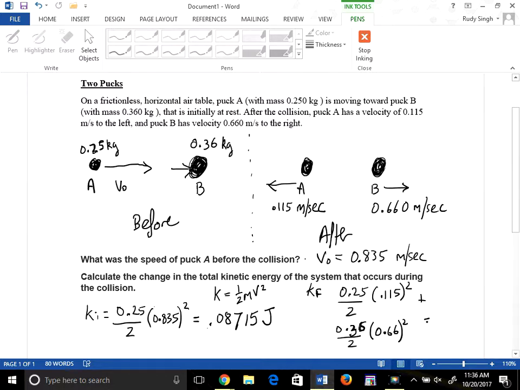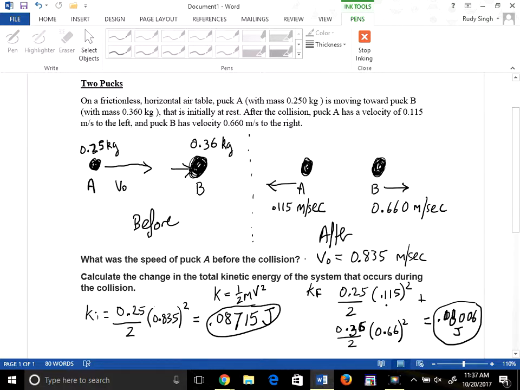So we add those two, and we end up with 0.0806 joules. So after we have 0.0806 joules, and before we have 0.08715 joules.